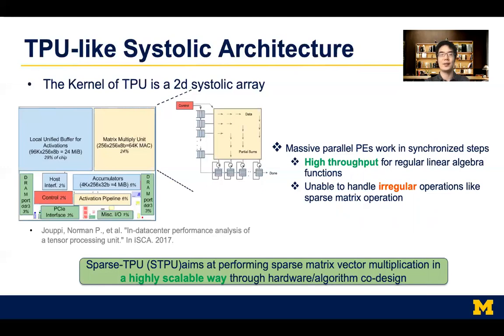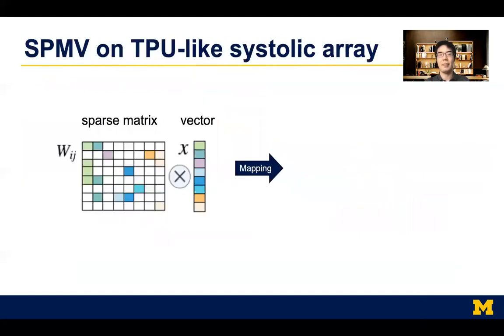However, this architecture is not able to handle irregular operations like sparse matrix operations, because this will lead to significantly underutilized PEs. In this paper, we aim at performing sparse matrix vector multiplications in a highly scalable way through hardware and algorithm co-design. Naively mapping sparse matrix vector multiplication onto a systolic array will lead to underutilized PEs.